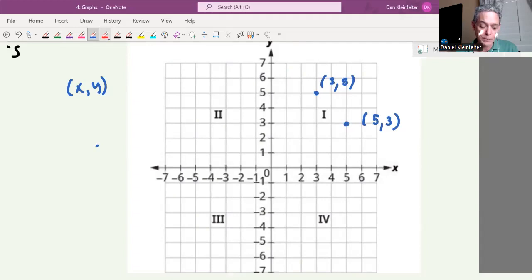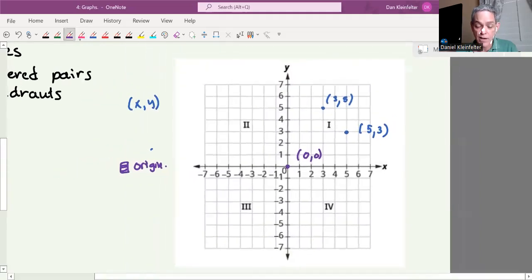That's an ordered pair. The point where or the pair corresponding to 0 on both number lines is called the origin. You could think of that as basically being the starting point for both of the two number lines.